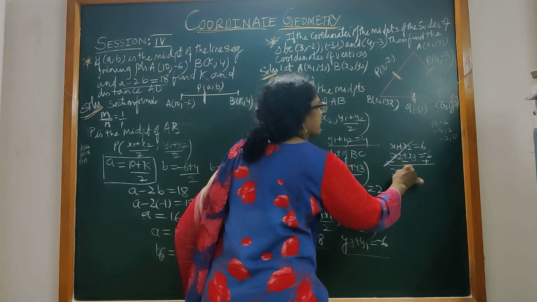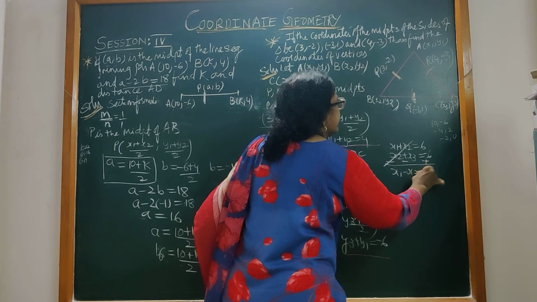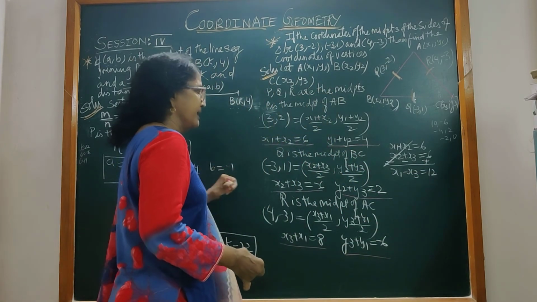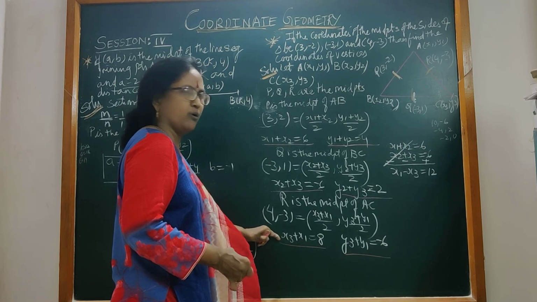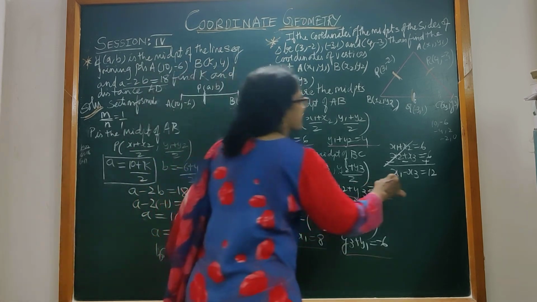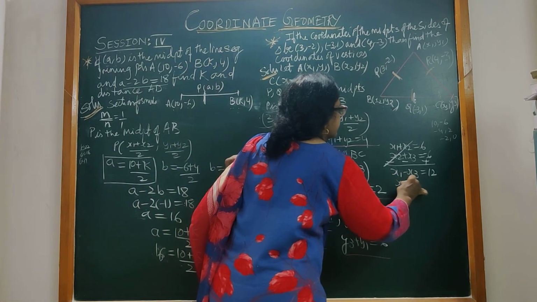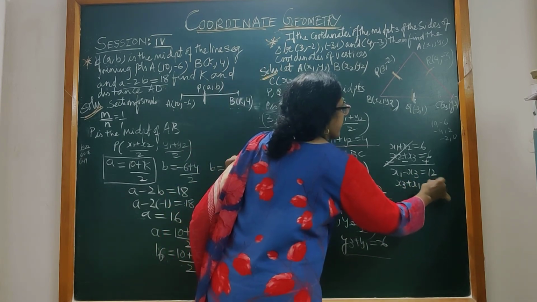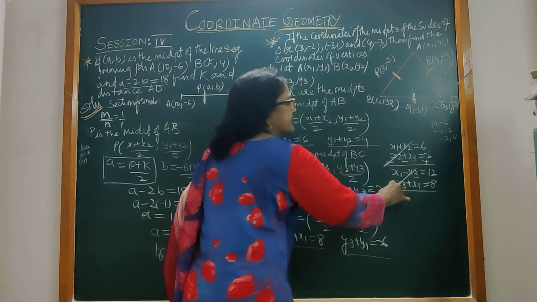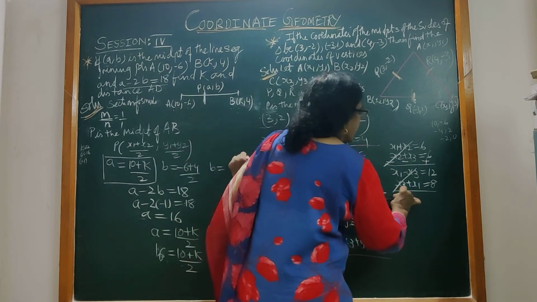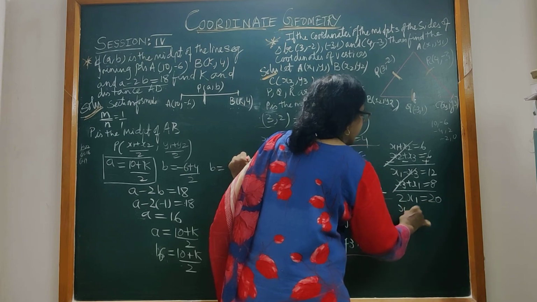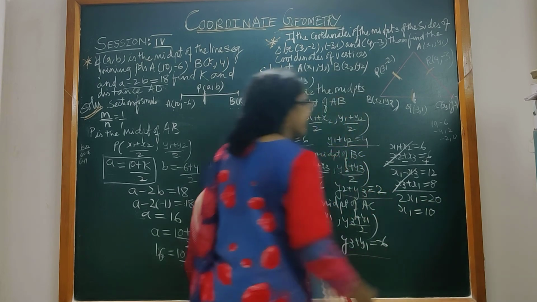You will get x1 minus x3 is equal to 12. Now the next equation, you already know that x3 plus x1 is equal to 8. Already the signs are opposite, so x3 cancels. So 2x1 is equal to 20, x1 is equal to 10.